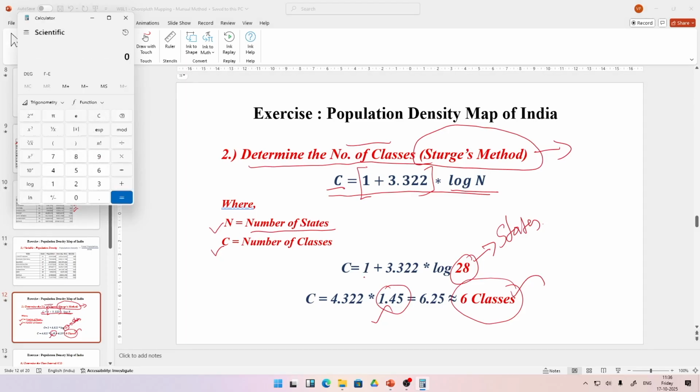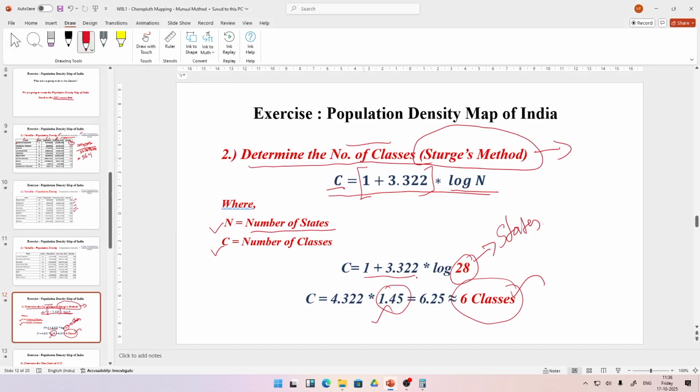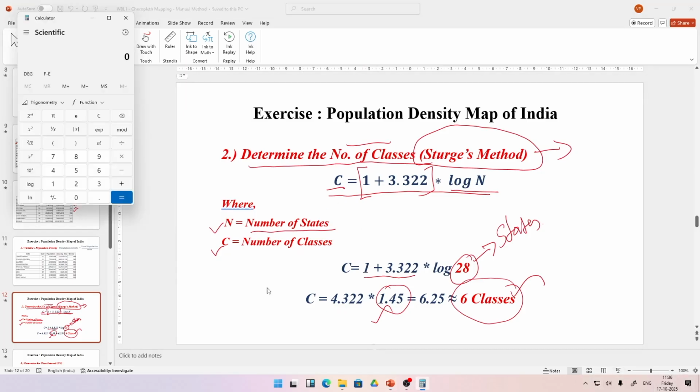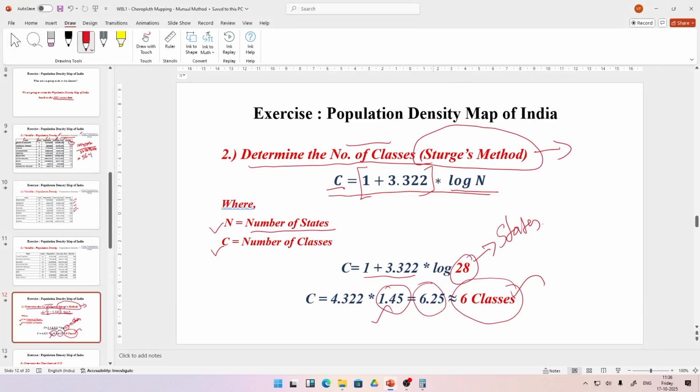Your 1 plus 3.322 is 4.322. So, 4.322 multiplied by your 1.45, which is equal to your 6.26. So, 6.25 I have rounded to 6 different classes.